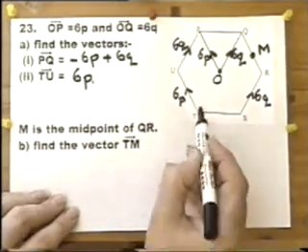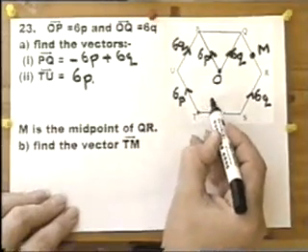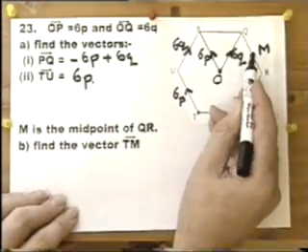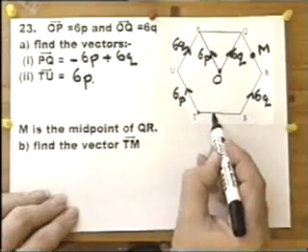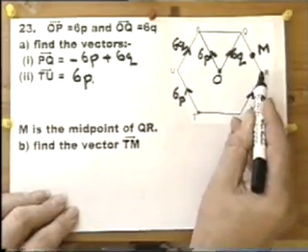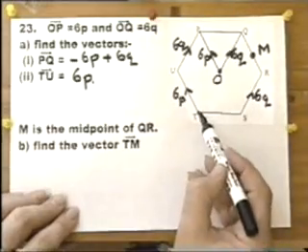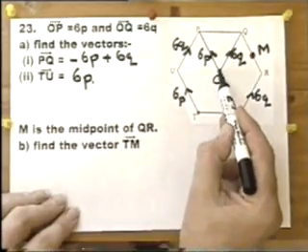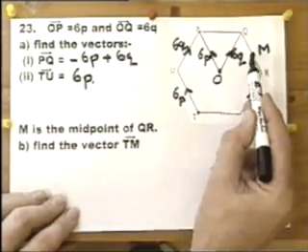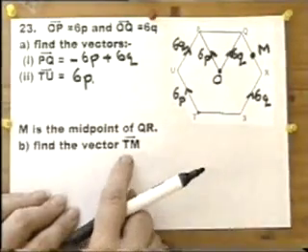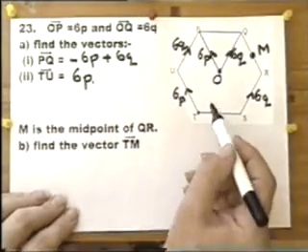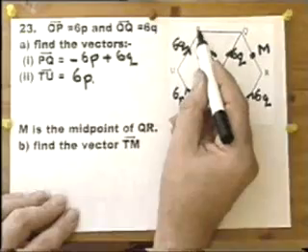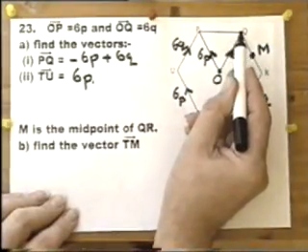The vector TM means start at T and end up at M. I could say it's the same as doing T, S, R and ending up at M. It's also the same as doing T, U, P, O, Q, ending at M. To find a vector that starts at T and ends at M, I just go along routes that I can write down.